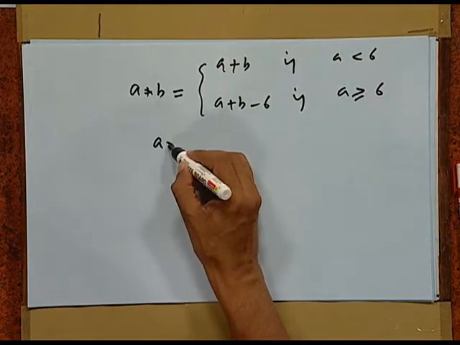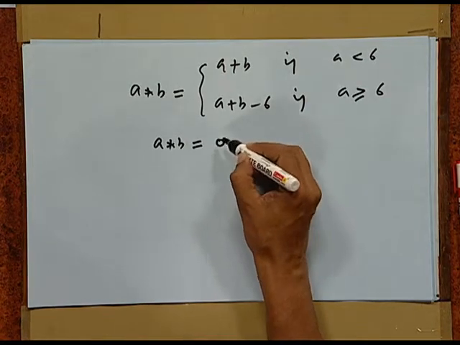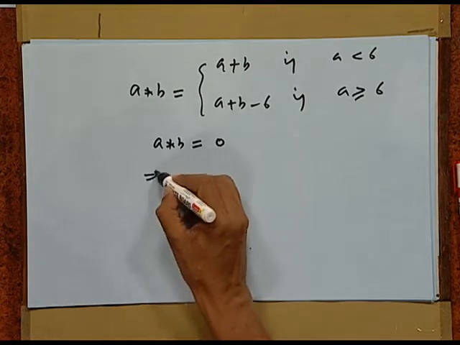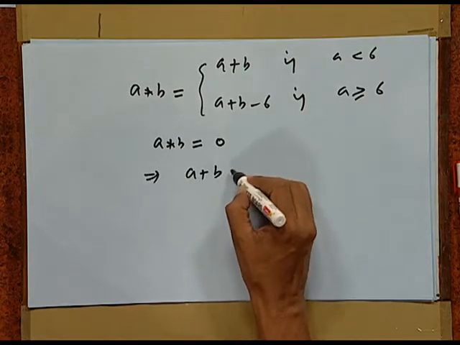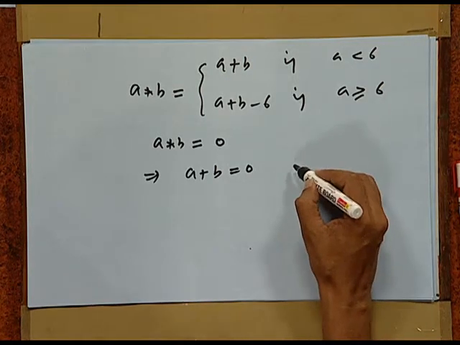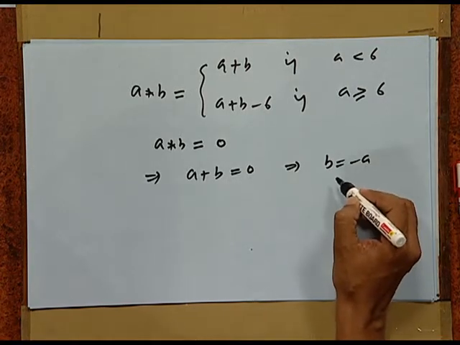But we want a star b to be equal to 0, that is e. This means a plus b should be 0, which gives b is minus a, but minus a finds no element in the given set. So, this would not work.